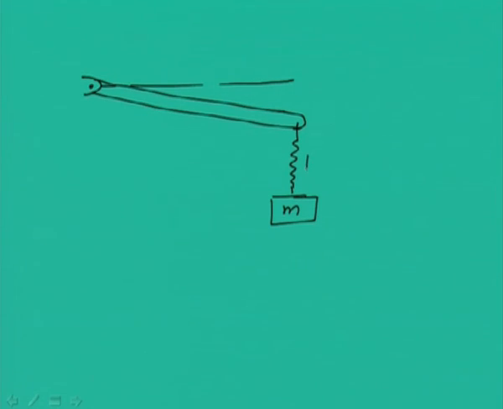The stiffness of this is K2. There is another spring here having stiffness K1. The length of the rod from here to here is L2 and the total length is L1.